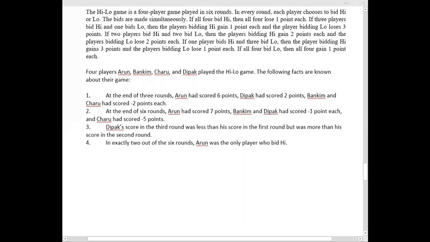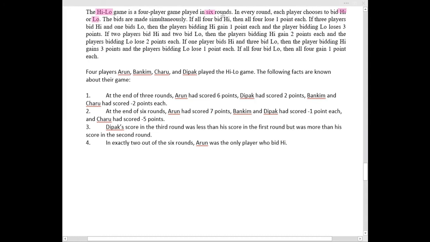Let us try to understand the given concept of the game. It is the high-low game, a 4-player game played in 6 rounds. In every round, each player chooses to bid high or low. The bids are made simultaneously.